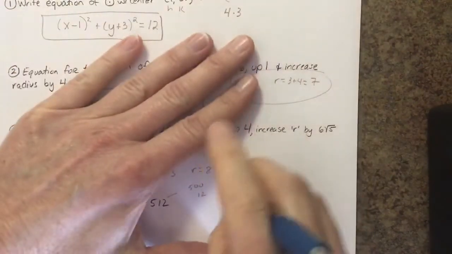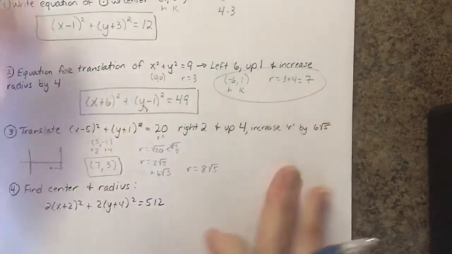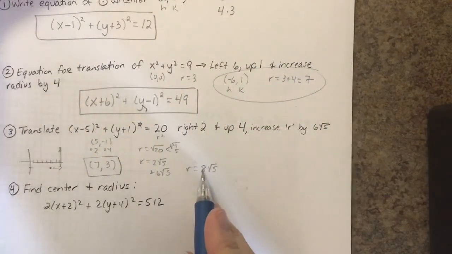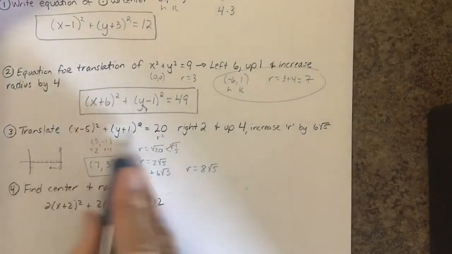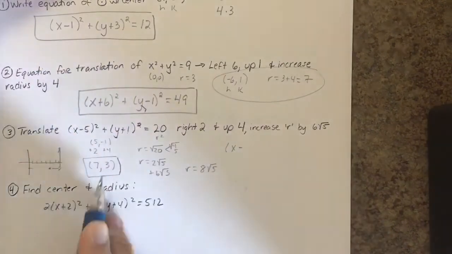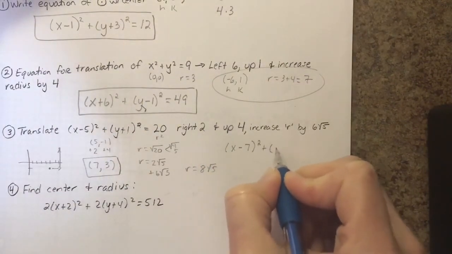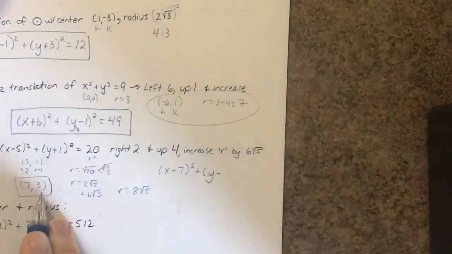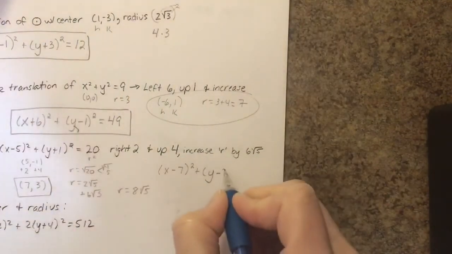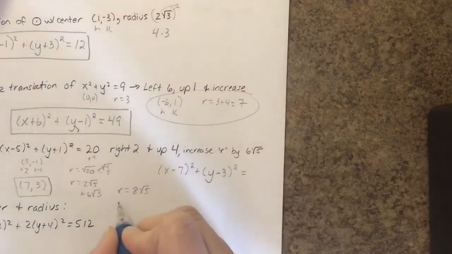All right, what do I do now? Well, I'm ready to write the equation. It's now x minus 7, h, quantity squared, plus y minus 3, quantity squared, equals the radius squared.